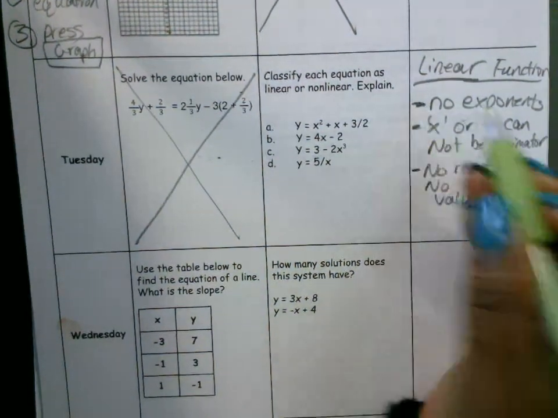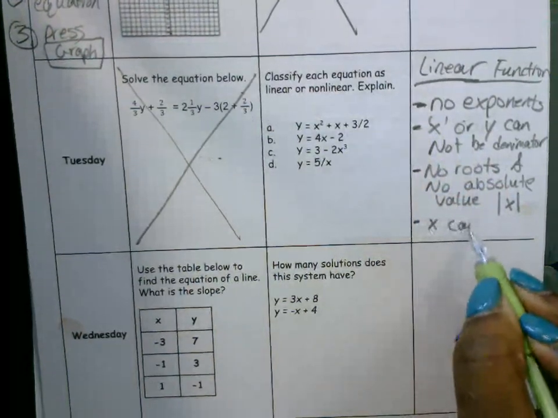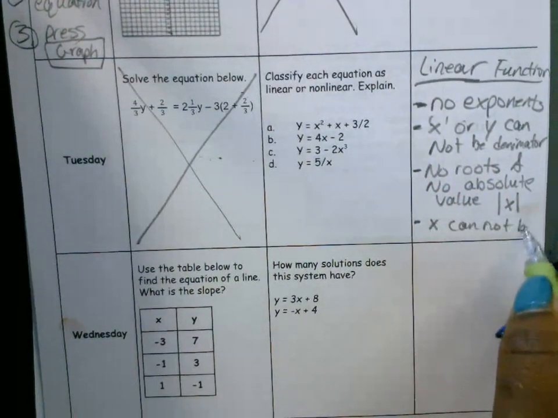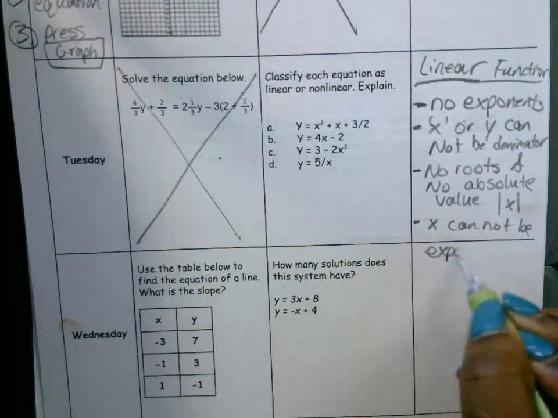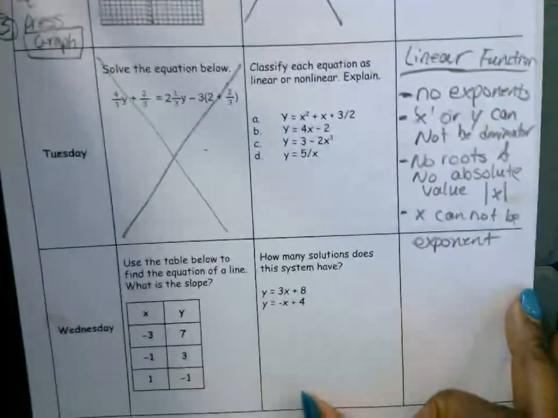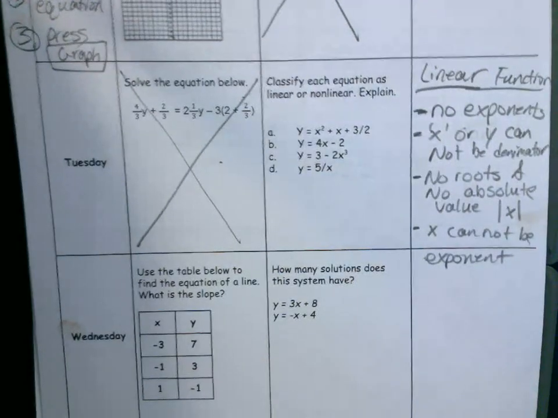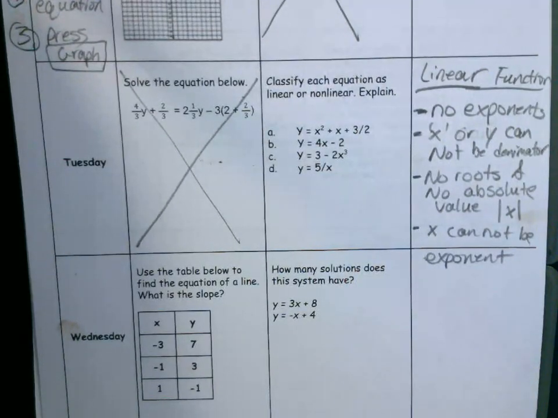X cannot be an exponent either. Okay? So if it graphs a linear equation, you cannot have exponents in that equation. X and Y cannot be a denominator. It can be a numerator, but not a denominator. No roots, no absolute value symbols, and X cannot be an exponent itself.